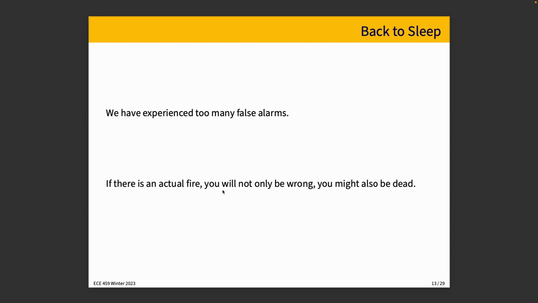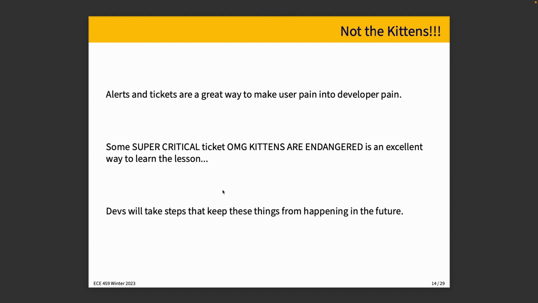So if there is an actual fire, you probably don't want to say, well, statistically I was likely to be correct. But yeah, alerts and tickets are a great way to make users' pain into developers' pain. Anytime things don't work, when things behave unexpectedly, what have you, if you get paged, that really motivates you to do a good job of addressing the problem and making sure that this doesn't happen again.